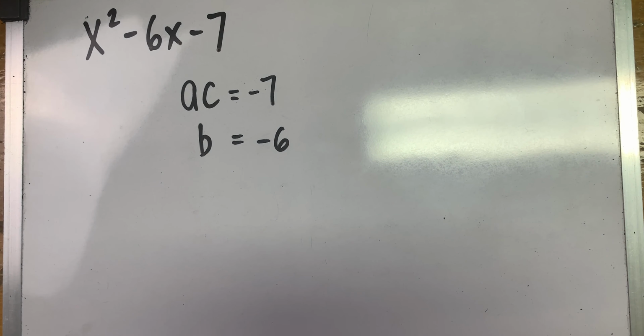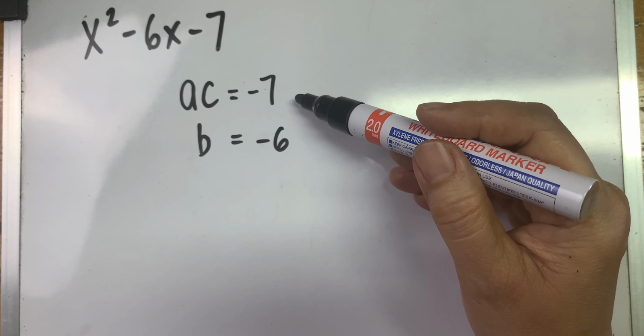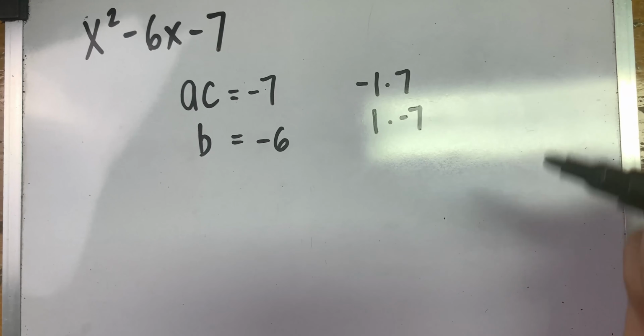So ang hahanapin natin ay dalawang number na positive at isang negative. So hanapin natin ang factors ng negative 7 na isang negative at isang positive. So meron tayong negative 1 times 7 and meron din tayong 1 tsaka negative 7.